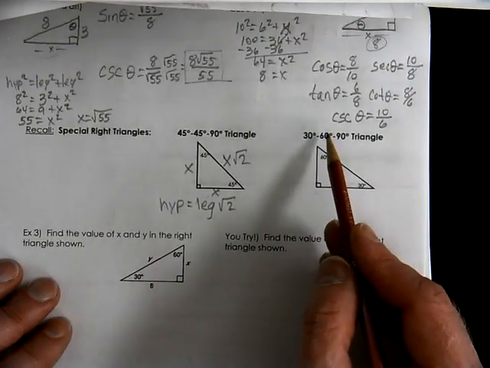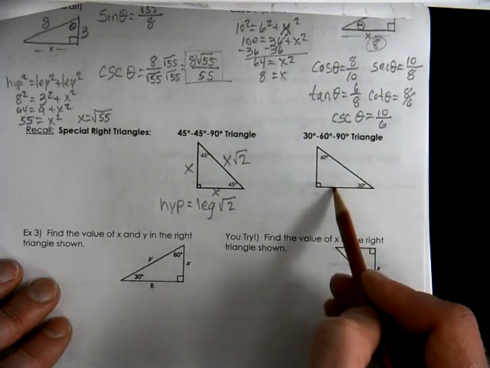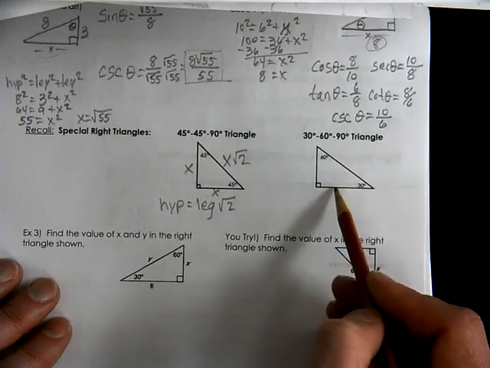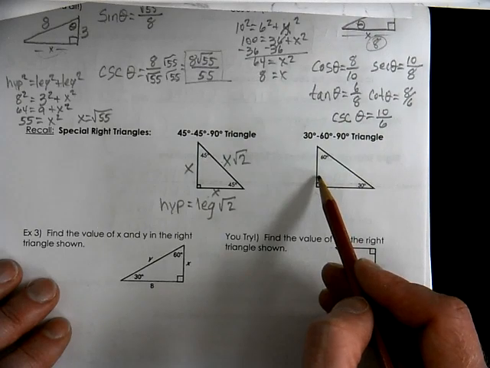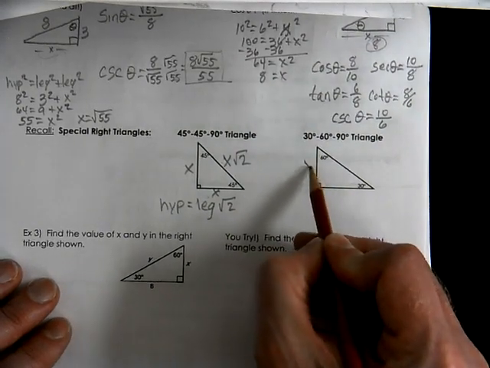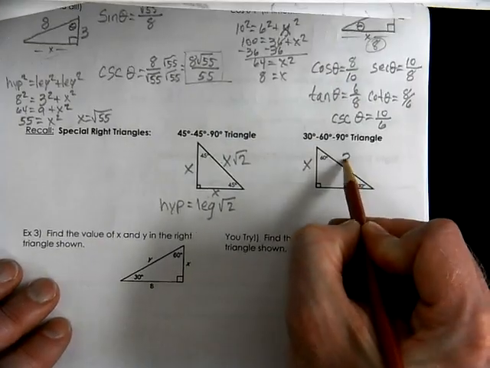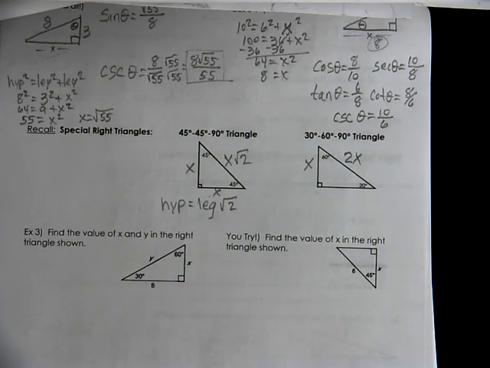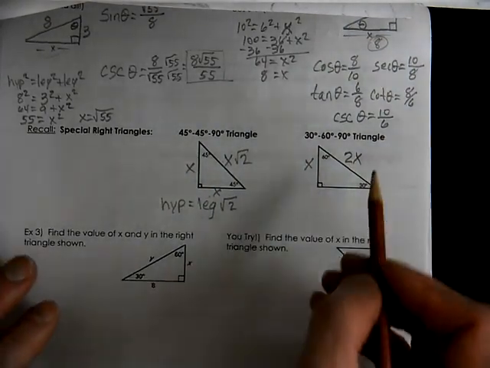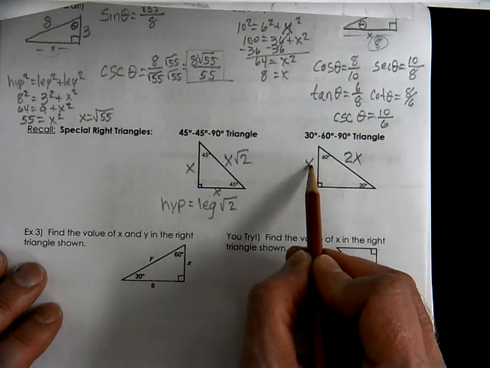A 30-60-90 triangle, because you have two angles that are different, you're going to have two different legs that are different. We're going to have two different formulas. If you know the short leg, whatever the short leg is, the hypotenuse is twice that amount. That is true about every 30-60-90 triangle. Across from the 30 is the short leg.